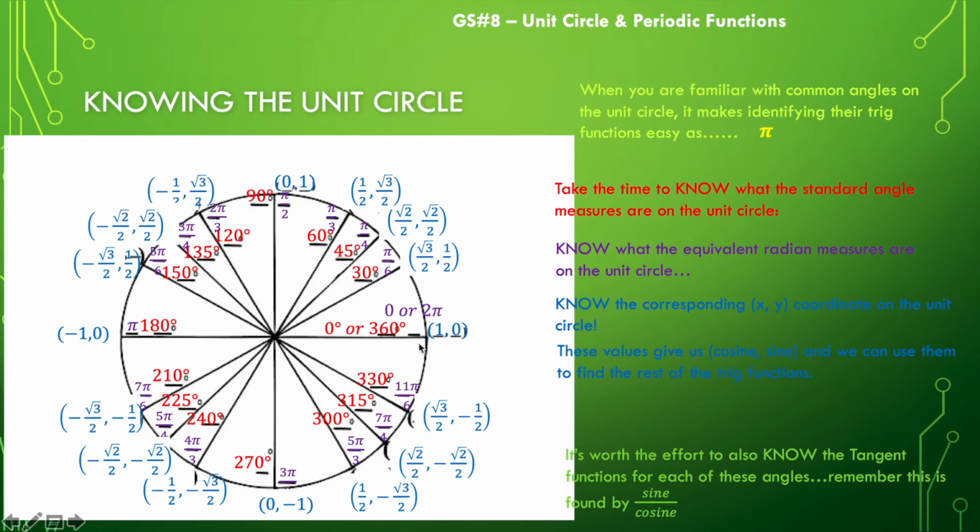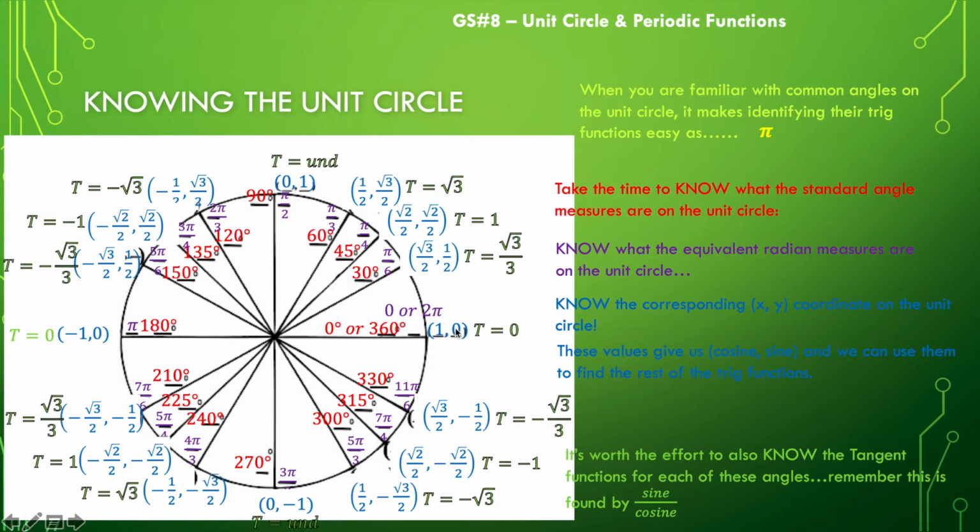So remember that you can find a tangent by taking the ratio of sine over cosine. So in each of these cases, if I divide y by x, I would get my tangent. And notice that each of those 30-degree angles have a tangent of rad 3 over 3, either positive or negative. Each of the 60-degree angles has a tangent of rad 3, either positive or negative.